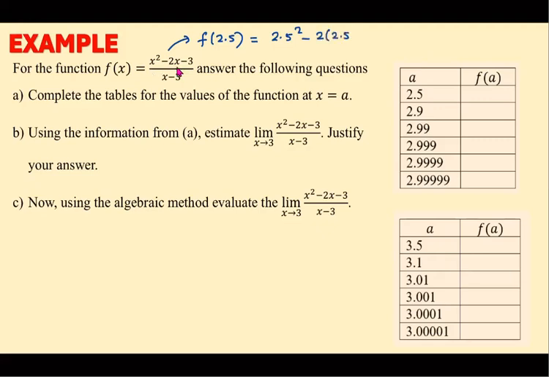Then we have a minus 3, so minus 3 over, we have x minus 3, so we are plugging in 2.5, so 2.5 minus 3. And we can simplify this using a calculator. So if we do that, we'll get 3.5. So the first value that goes in the table here is 3.5.